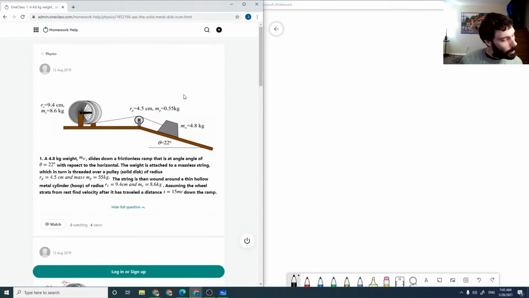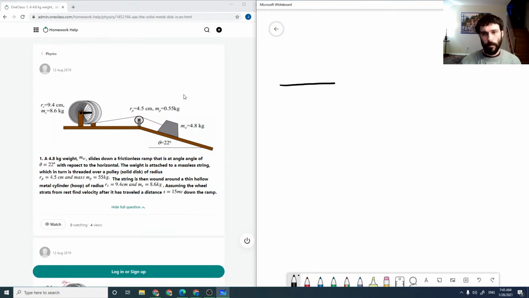Okay. So this one here, we've got a 4.8 kilogram weight which is sliding down a 22-degree incline. Let's try a bit better.